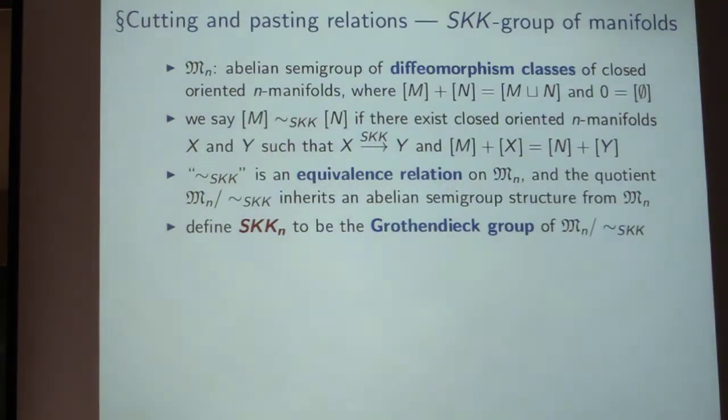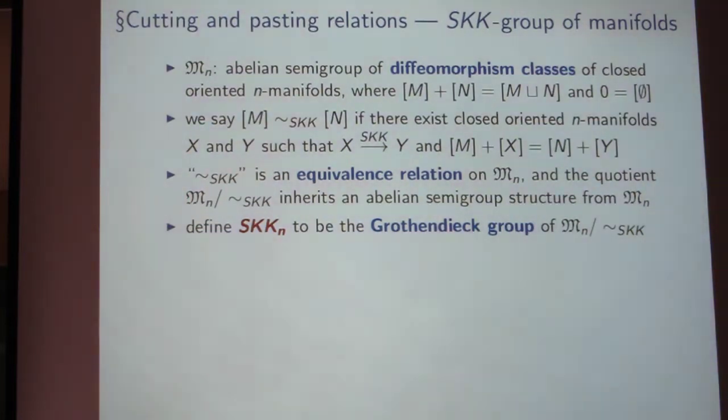And we call two such classes SKK equivalent if you can stabilize by x and y in such a way that this equality holds and x is SKK related to y. And then it turns out that this construction is an equivalence relation, in fact.